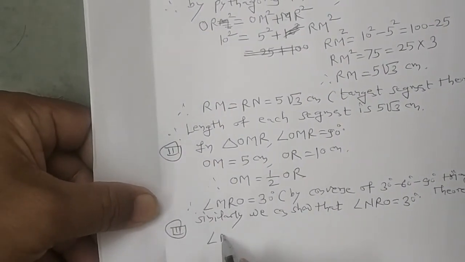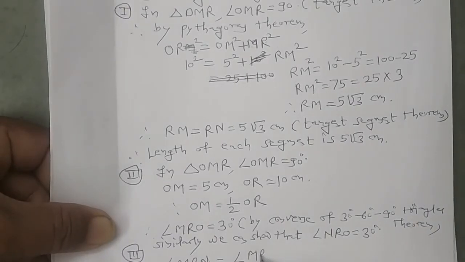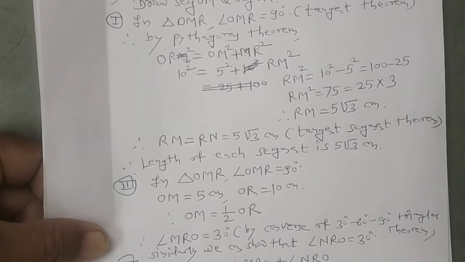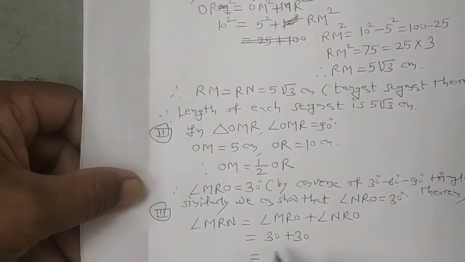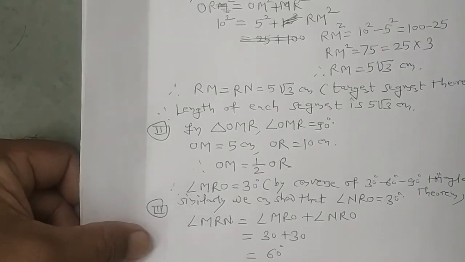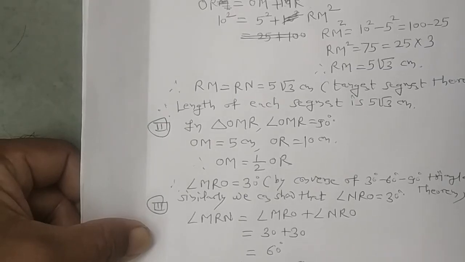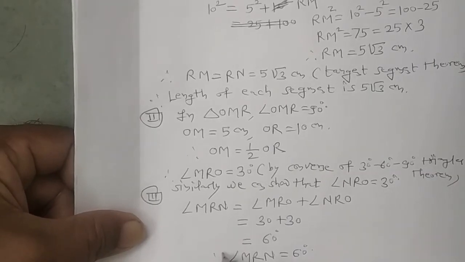Therefore, angle MRN is equal to angle MRO plus angle NRO, sum of these two angles, this is 30 plus 30 is equal to 60 degree. Therefore, angle MRN is equal to 60 degree. This is the answer.